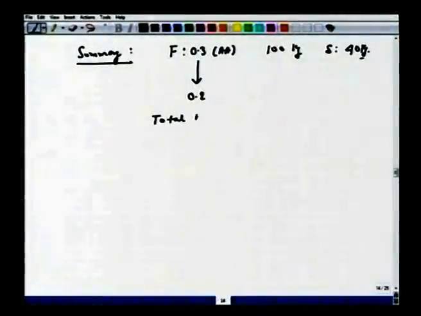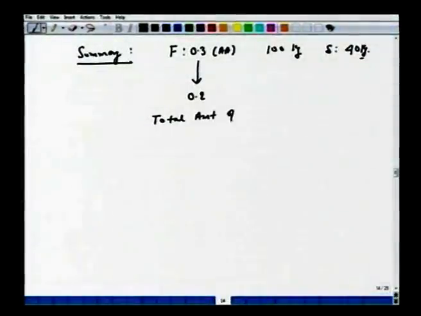In 3 stages we brought this level down to 0.2. The amount of solvent we were using, S or B, was 40 kg each time. So the total amount of solvent was 120 kg.